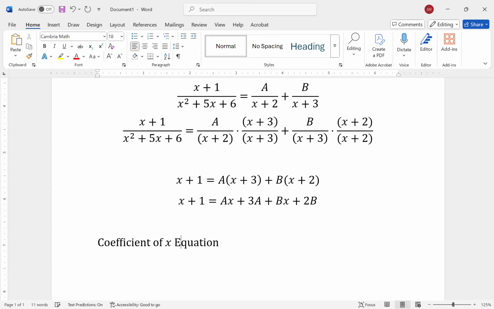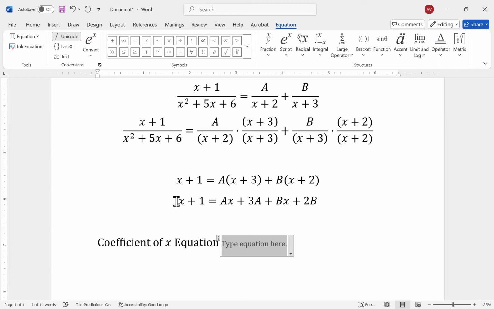On the left, the coefficient of x is 1. On the right, the coefficient of x is going to be a plus b. So a plus b together has to add to 1.